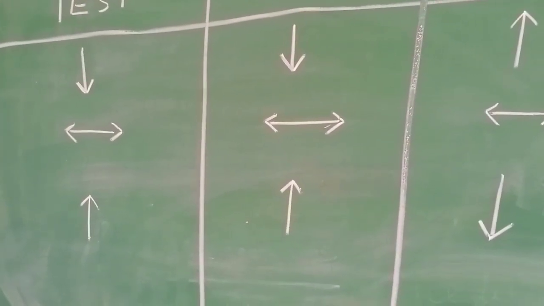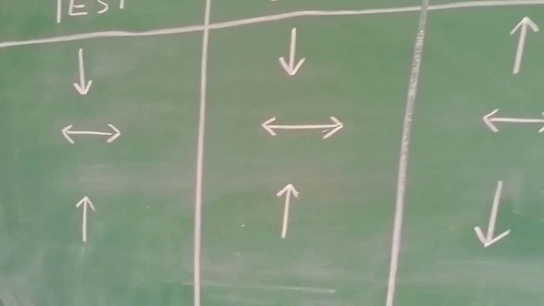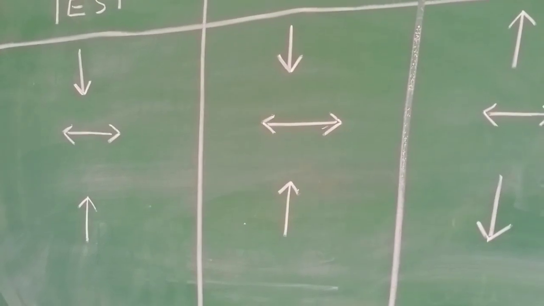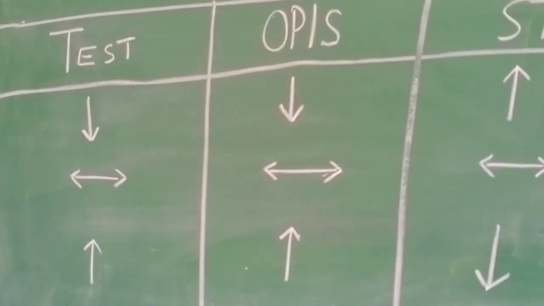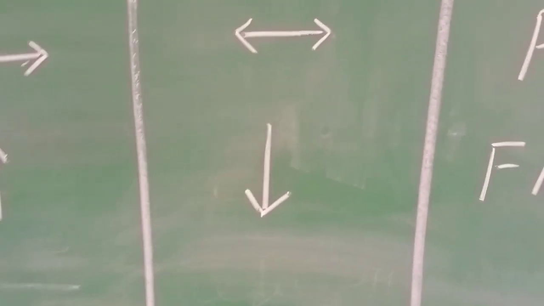Now in the third row, the test indicates more opalescence, as it has an upward arrow, than that of the standard. Here the standard has the downward arrow.